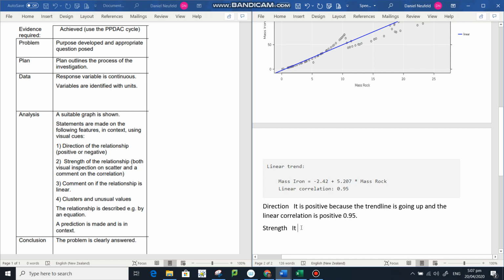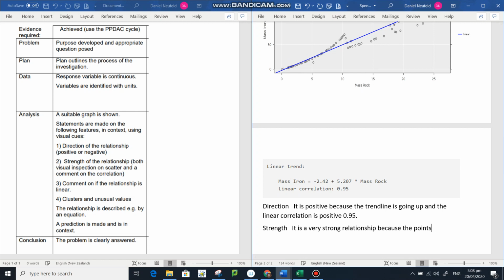Strength, I think it is quite strong. Actually, we can just say strong because we know it's actually a 0.95, which is actually very strong. Let's go very strong. It is a very strong relationship because the points, especially at the beginning, over here it's almost right on the line.